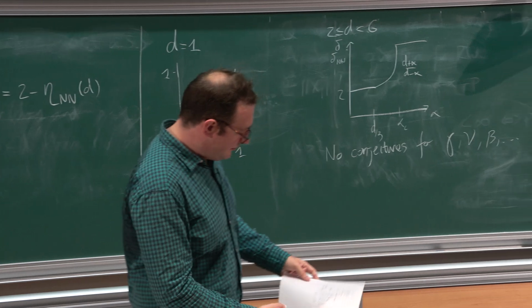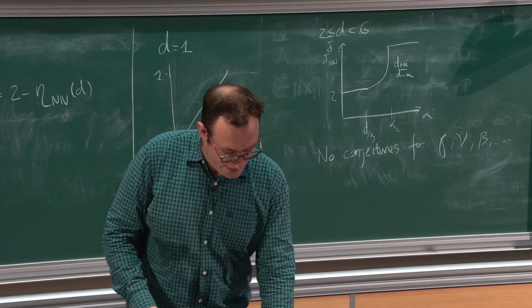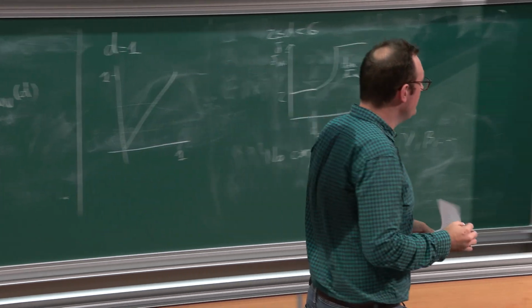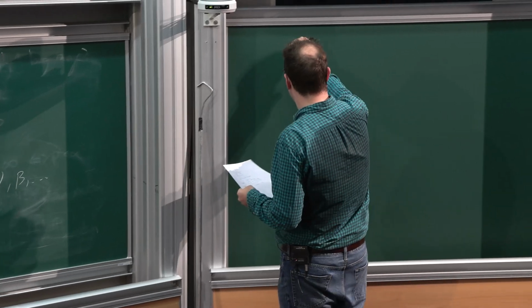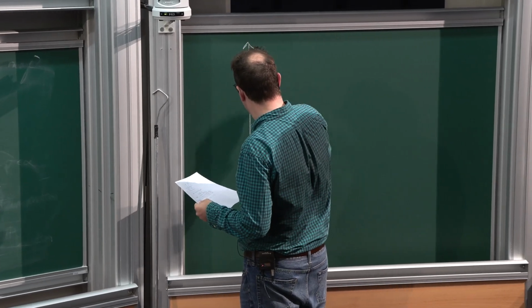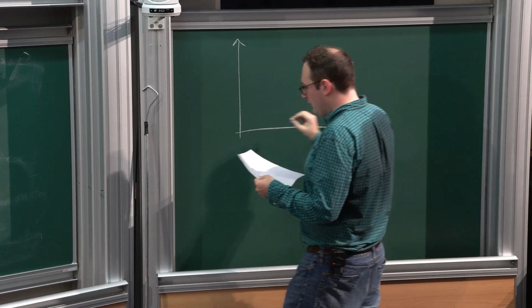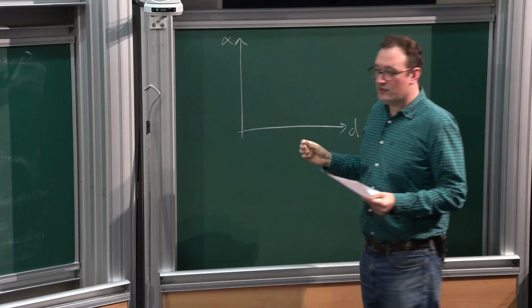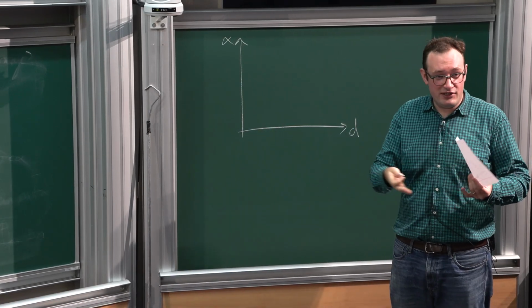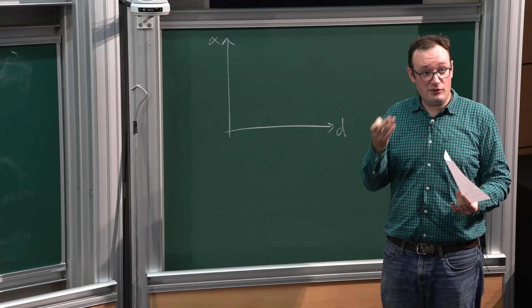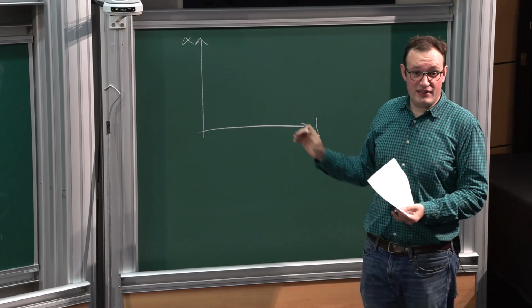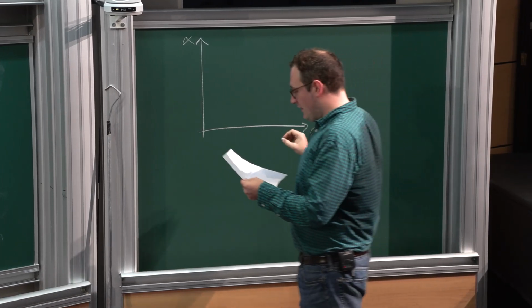So one way we can summarize this picture of what's going on is to do a phase diagram of the different regimes, the different critical behaviors the model can have as we vary d and alpha.